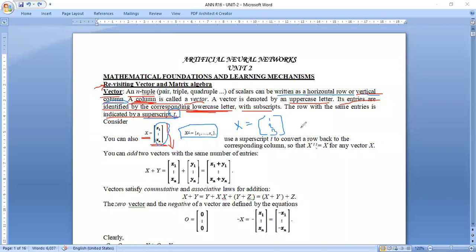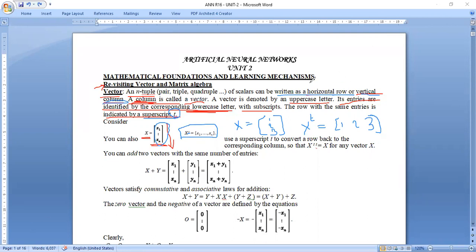And suppose you want to represent the same data as a horizontal row, then x to the power of t, small t, equal to 1, 2, 3. These are the two representations of a vector. Is it clear?